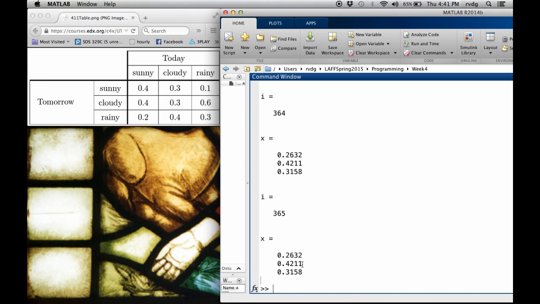We can also ask the question, what is the most likely weather? And notice that by looking at this here, we see that we have approximately a 42% chance of it being cloudy, a 31% chance of it being rainy, and a 26% chance of it being sunny. So, the most frequently encountered weather is predicted to be cloudy.